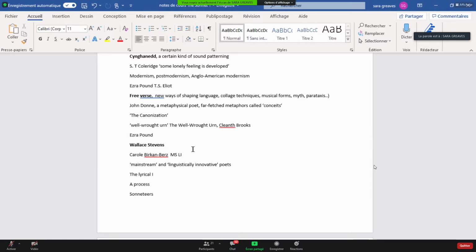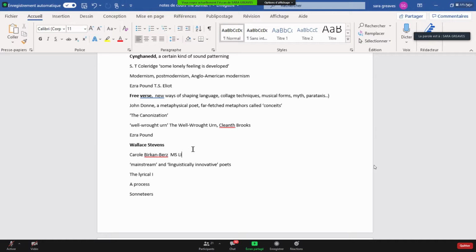And another, related reason for not writing sonnets in the 20th century, if you are a modernist or a postmodernist, a linguistically innovative poet, but perhaps I should just say a word about mainstream and linguistically innovative.